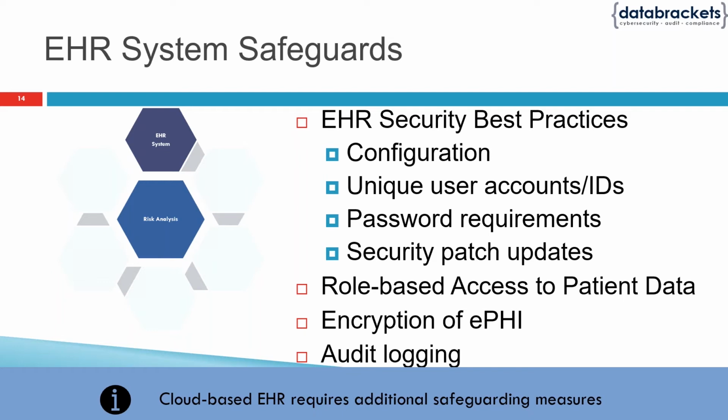You could say all the users should change their passwords every 180 days or 90 days, whatnot. And of course, if you're using an on-premise EHR system, you also want to make sure that all the required patches, whether at the operating system level or vendor-provided patches, are up to date. Those are some of the things that you need to look at.